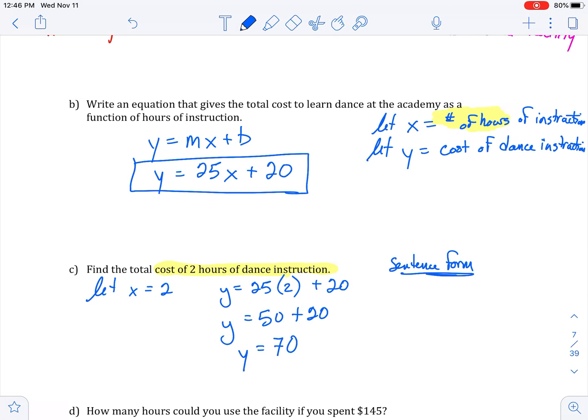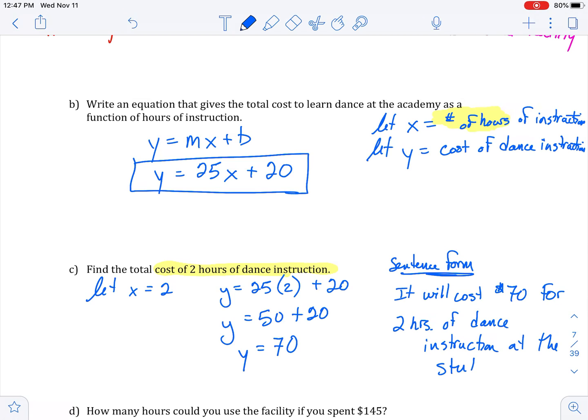It will cost $70 for 2 hours of dance instruction at the studio. We want to recognize that we have an input, 2 hours, related to the output.